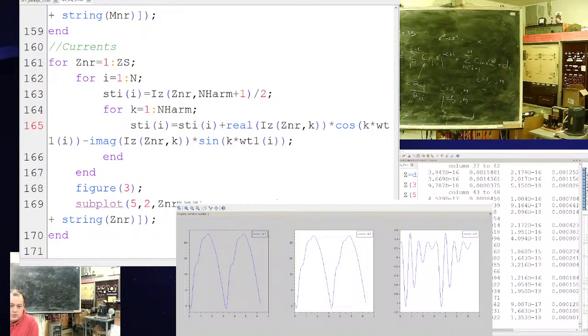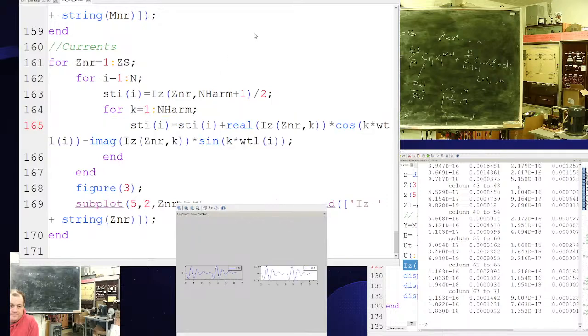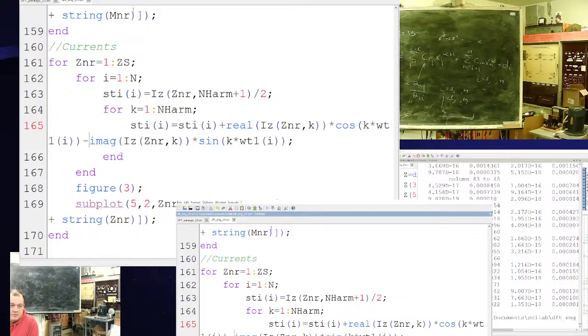I needed to put in voltages. It was my mistake.